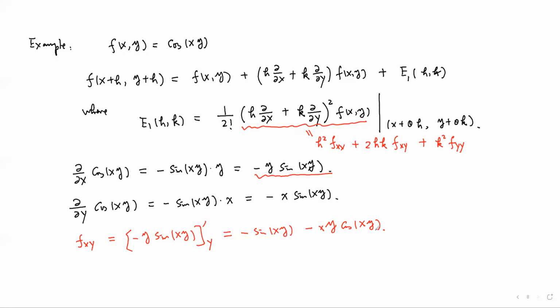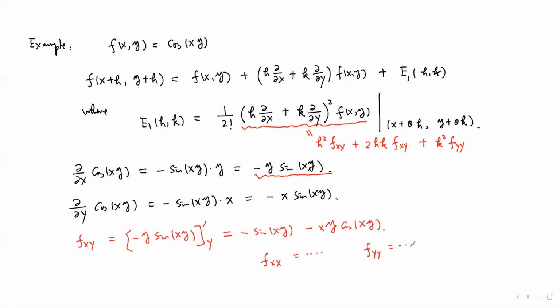Am I right? The derivative of minus y cosine, yes, correct, by the chain rule. And similarly, to compute the derivative f xx, very similar, and then compute the derivative f yy, very similar.